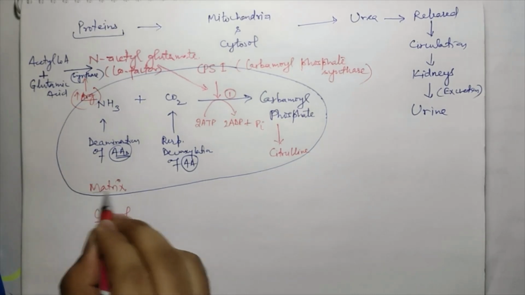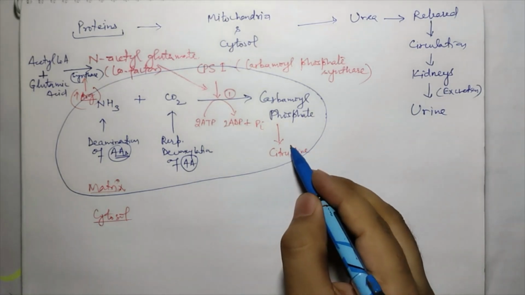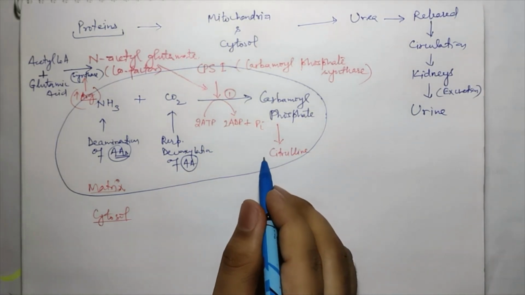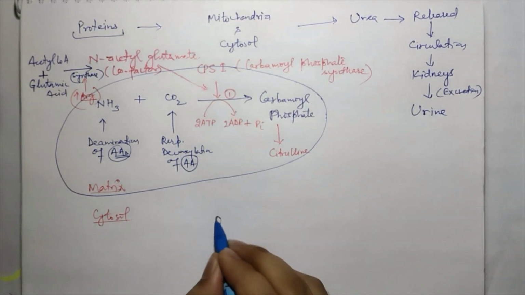But here this citrulline is formed from another type of intermediate that is called ornithine.